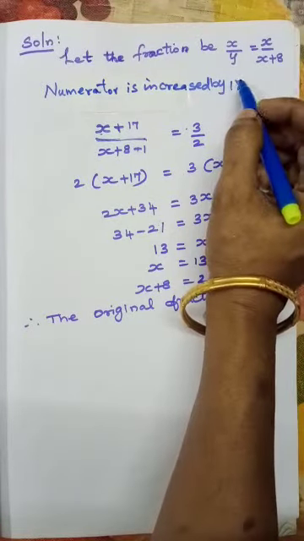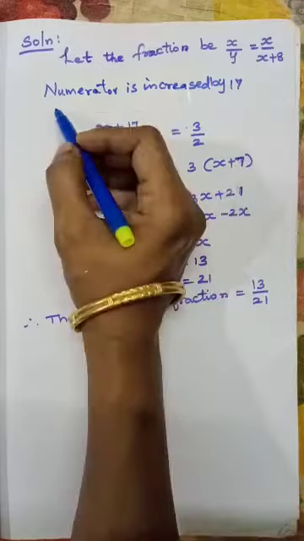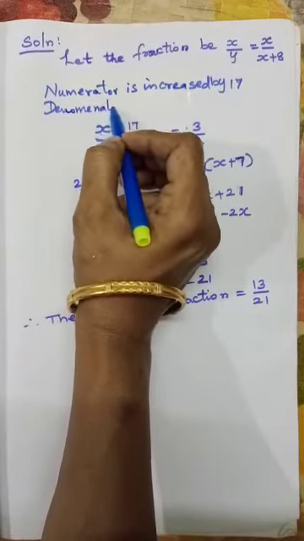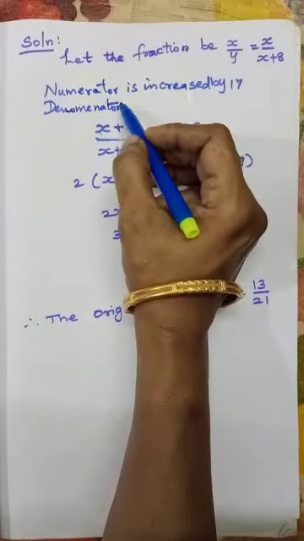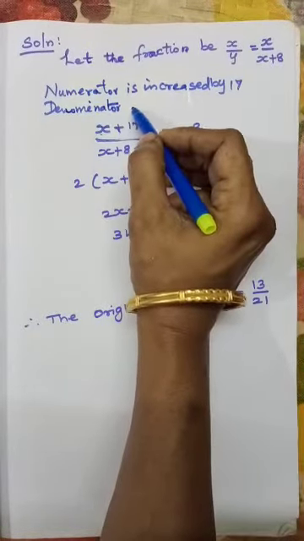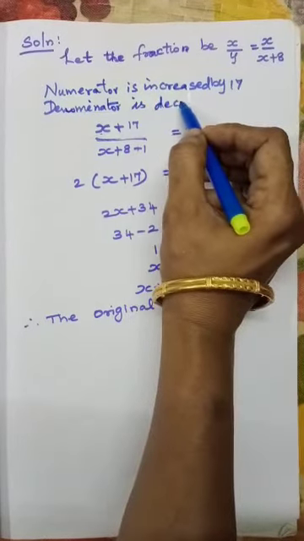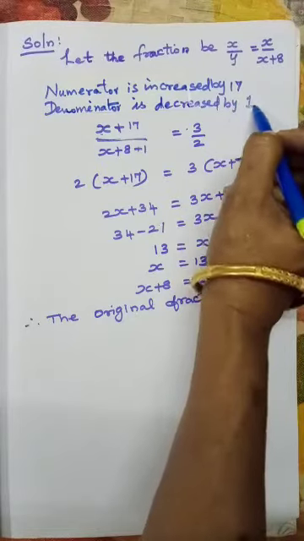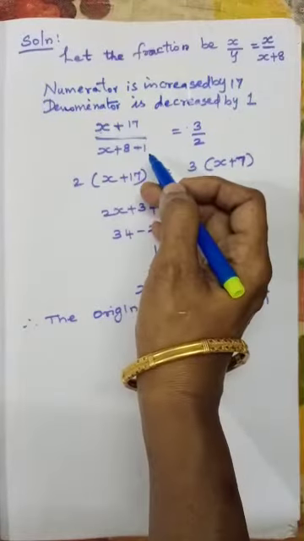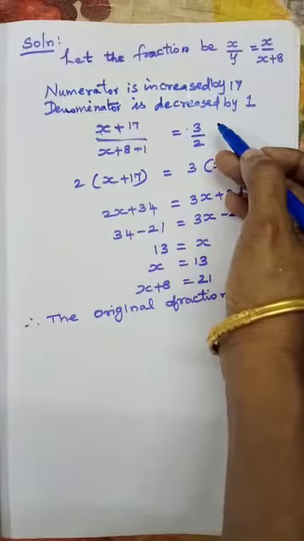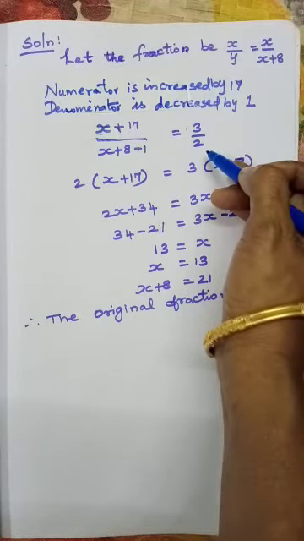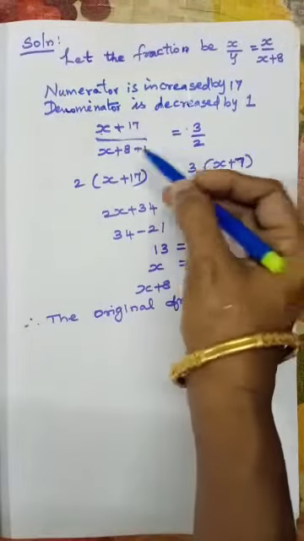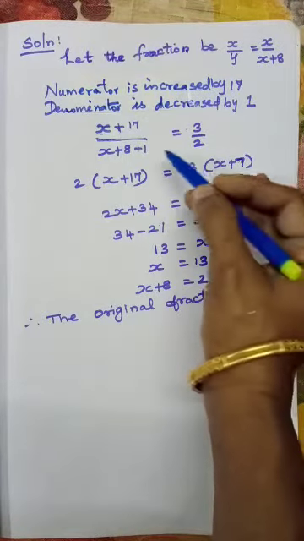And the denominator is decreased by 1, so minus 1, is equal to, the fraction is 3 by 2. Now you solve: x plus 17 over x plus 8 minus 1, which is x plus 7.